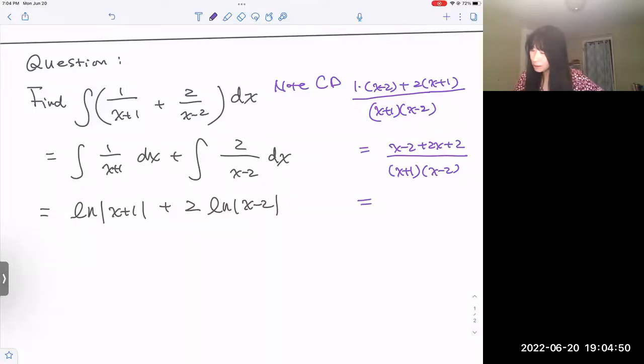Then let's see. The 2s cancel, and we get 3x over x plus 1, x minus 2, right?